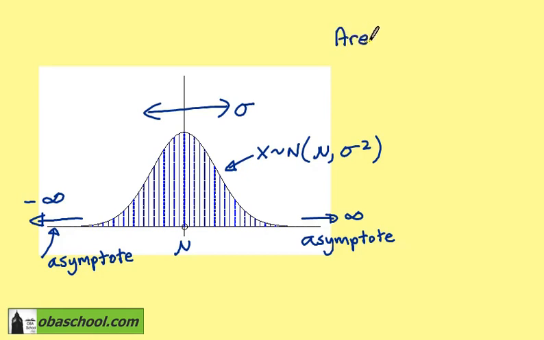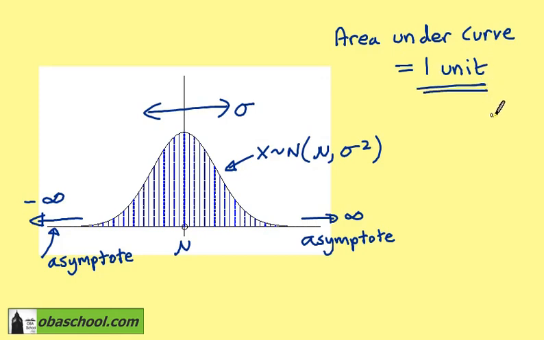The area under this curve, which is shaded in the diagram, all the way from minus infinity to infinity, is equal to 1 unit.